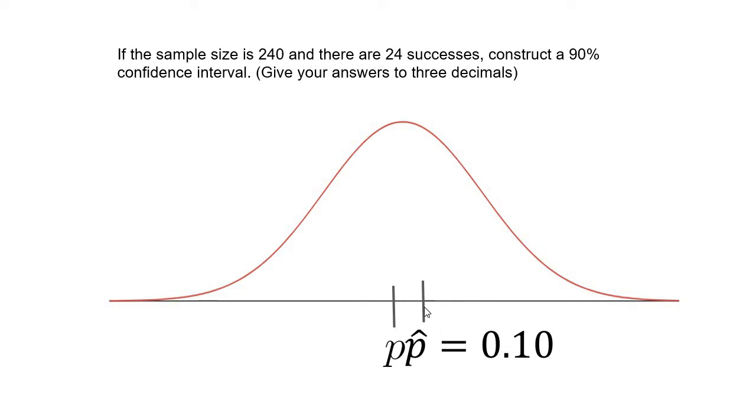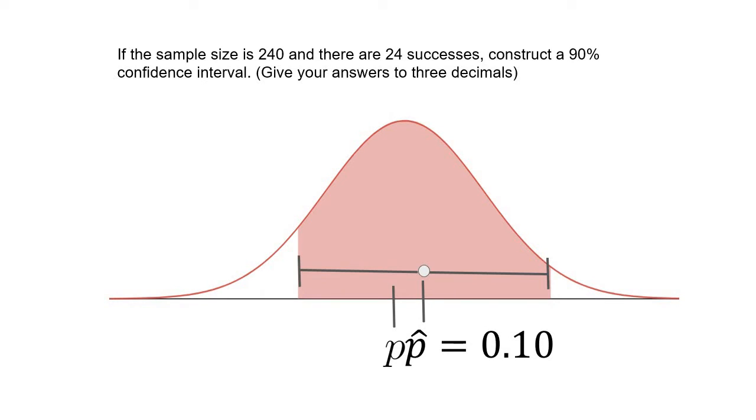So we're going to start at p hat, the point estimate, and extend above and below it to create an interval that captures 90% of all of the sample proportions.